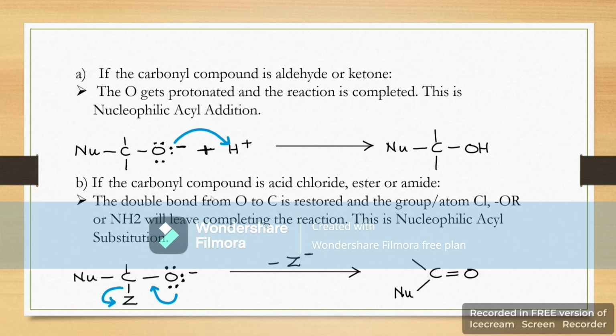If the carbonyl compound is an acid chloride, ester or amide, then the first step is still the same. The tetrahedral intermediate is formed, but after that the Z part of this acid chloride, ester or amide, that is the part which is not the alkyl group, that means the chloride, or the OR ester group, or NH2, is a good leaving group, and so one lone pair of electrons on oxygen will go back to being a double bond between the carbon and oxygen.